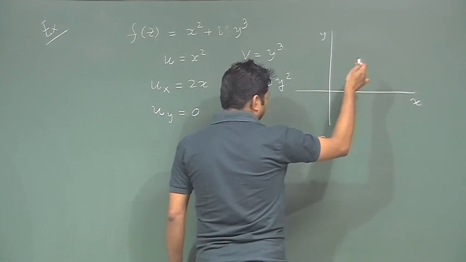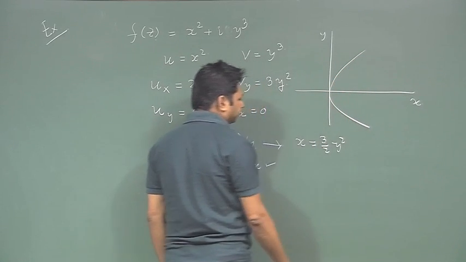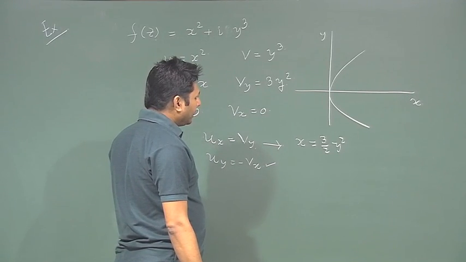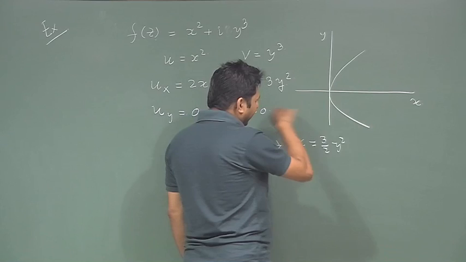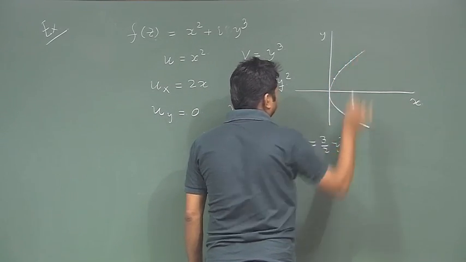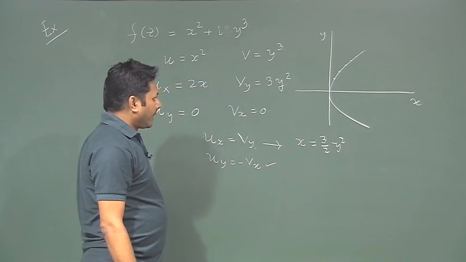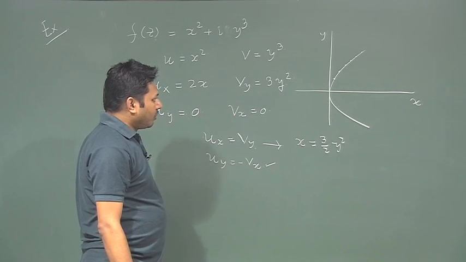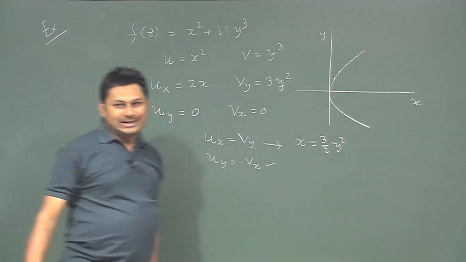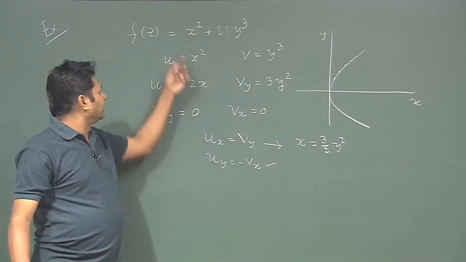I should have some kind of parabola like this. If I have a parabola like this, where these points follow the rule given by this equation, then only over these points is the function differentiable. So there is a restriction over this function.